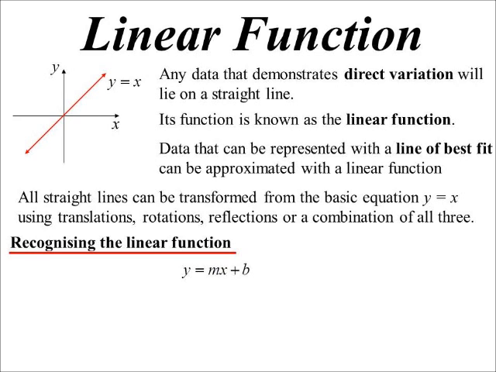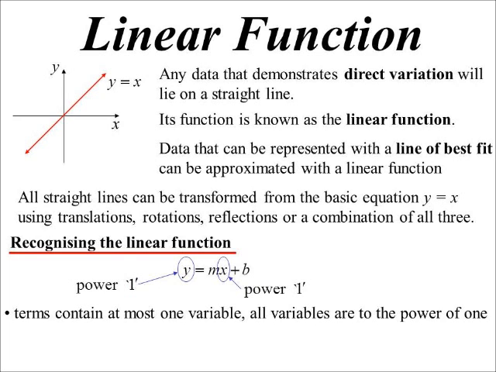If for some reason we ask, what is this function? We don't recognise the straight line. You may recognise this form, y equals mx plus b. And what are we looking for? Y is to the power of 1 and x is to the power of 1 as well. That must be a straight line.